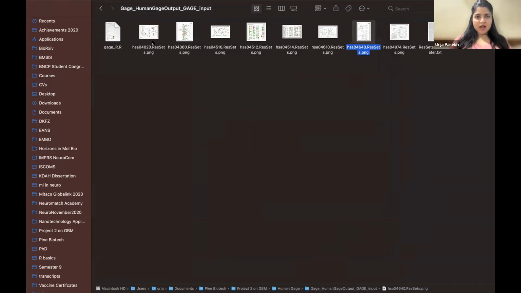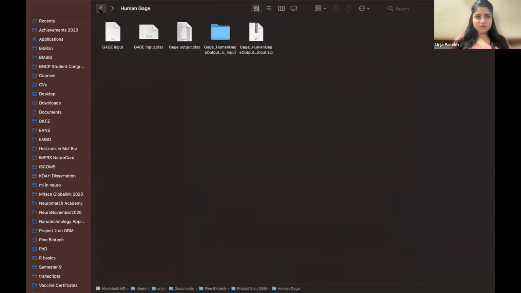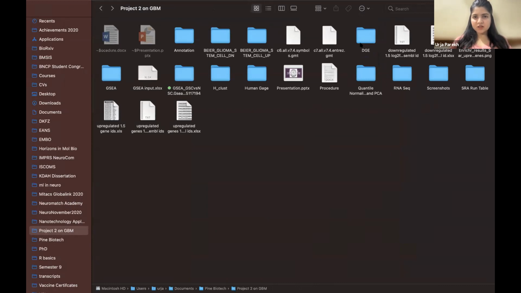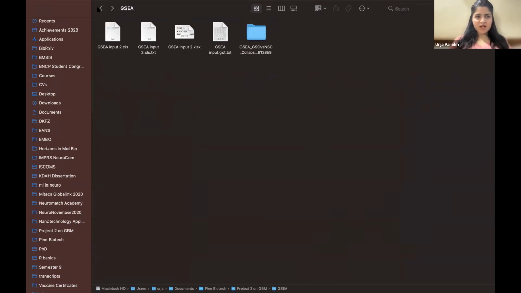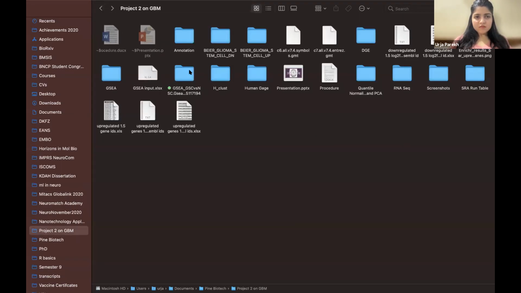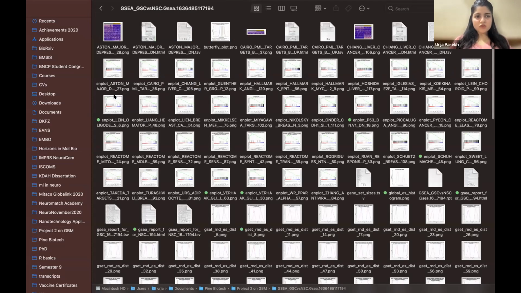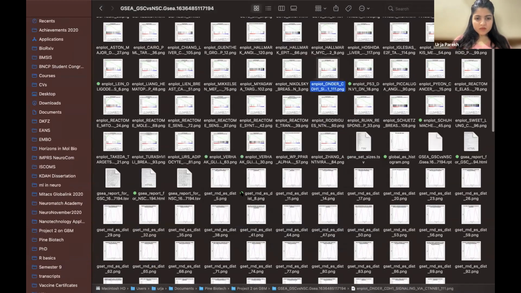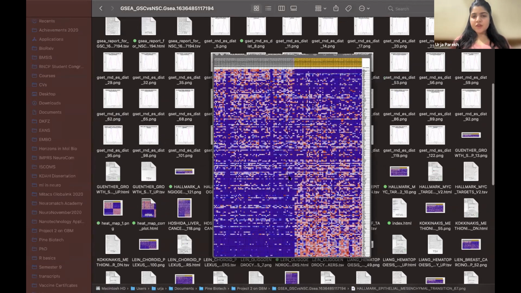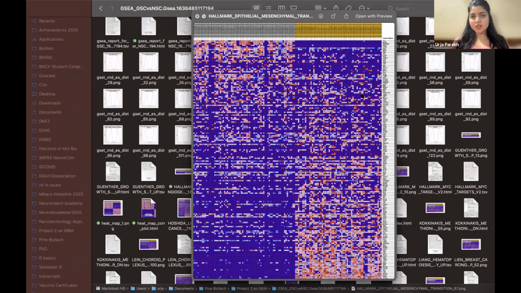Apart from that, I have also performed gene set enrichment analysis using the GSEA software. Again, I have got very large results for the same. For example, this is a heat map of a particular gene set.